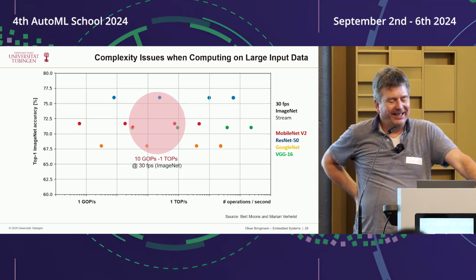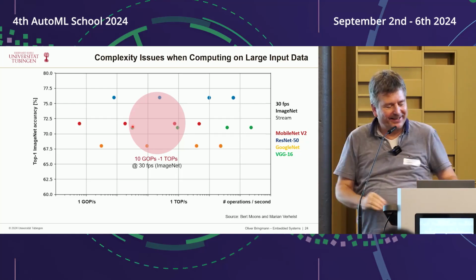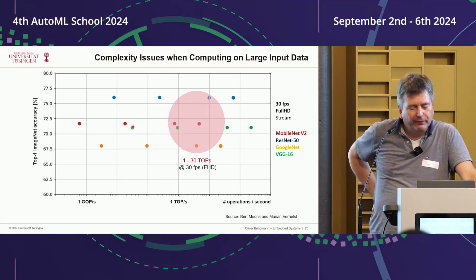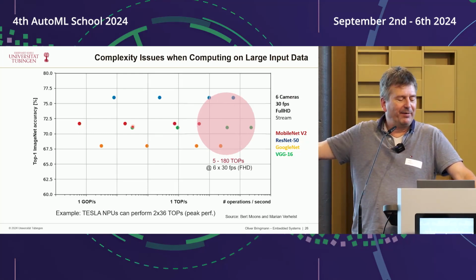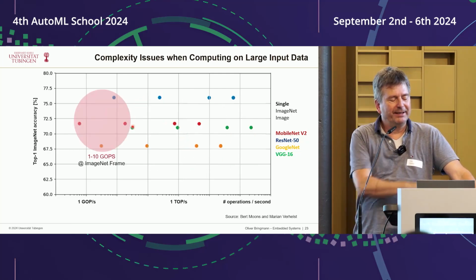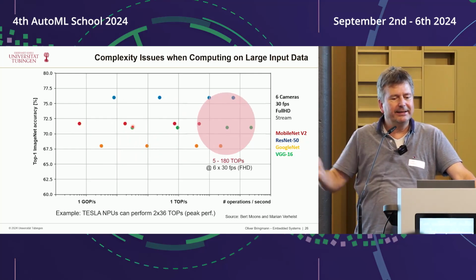And probably I need also some kind of object tracking on the temporal axis. And then if I have full HD, then I have even more complexity, and if I have multiple cameras, even more. So that means the considerations in the papers are that one on the left-hand side, and the real stuff is that on the right-hand side.